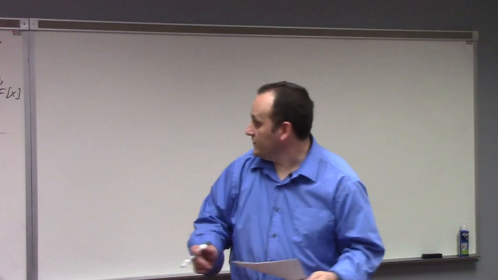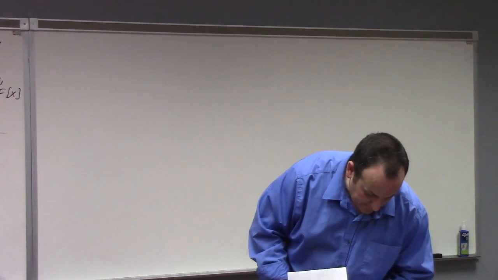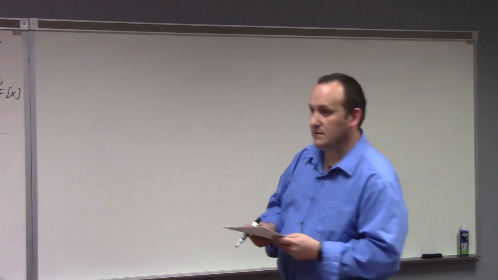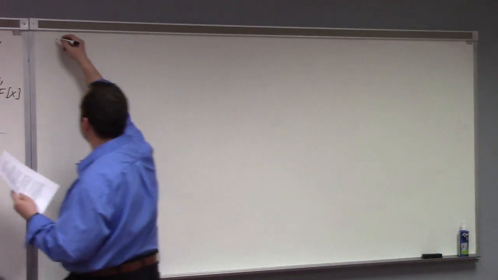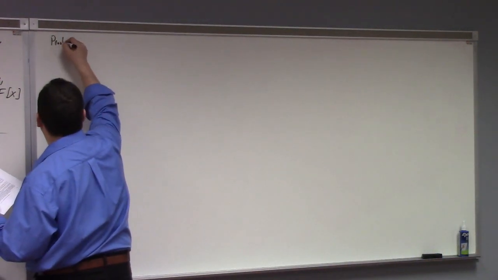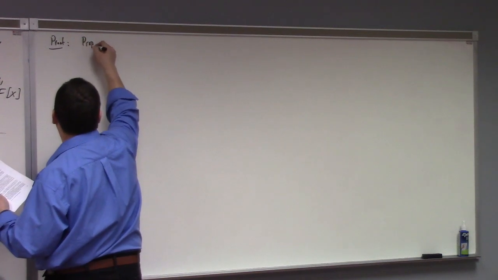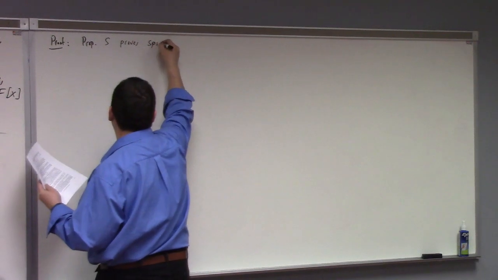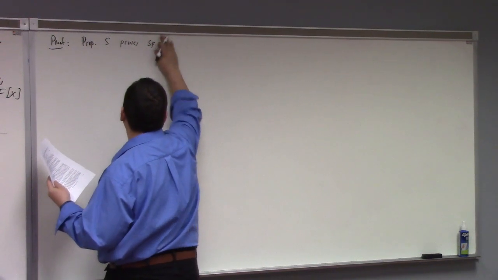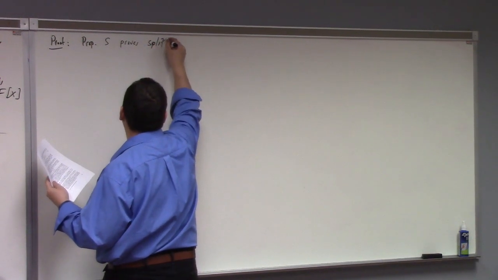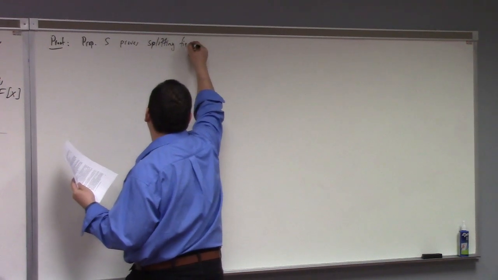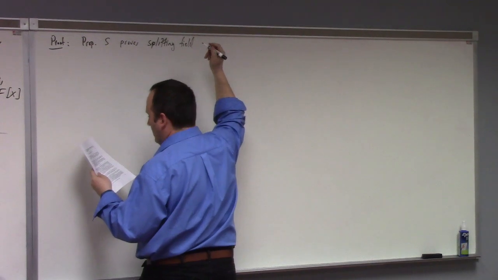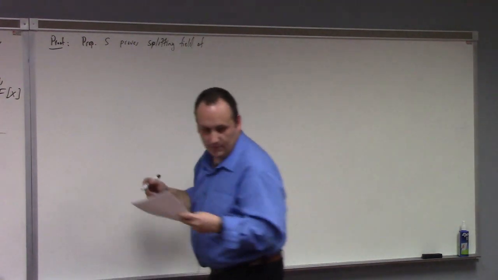Okay, so the proof of this Theorem 13. He says Proposition 5 proves that the splitting field of a separable polynomial is Galois. Proposition 5 proves, what did I just say?